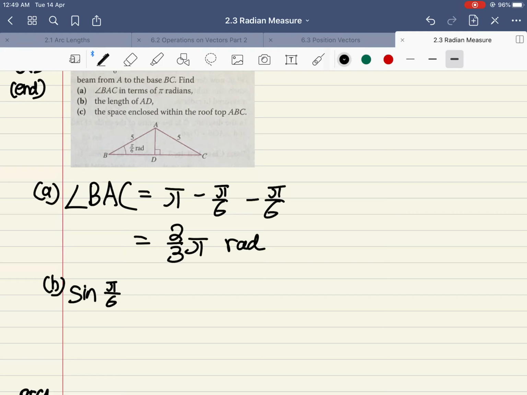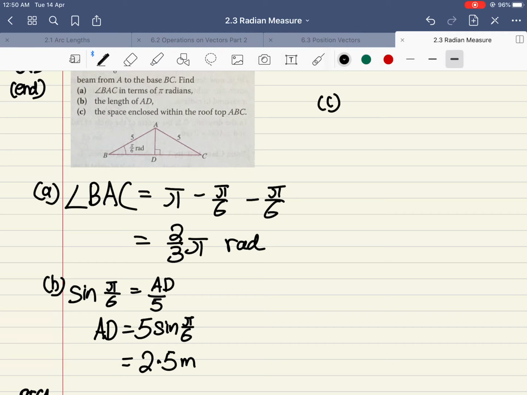So sine of pi over 6 is equal to opposite over hypotenuse, which is AD over 5. My AD value is, the 5 will multiply here, 5 sine of pi over 6. Key this into a calculator and you'll find that the length of AD is 2.5 meters exactly.